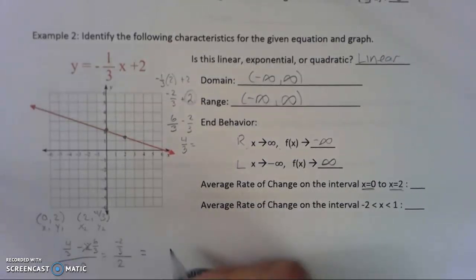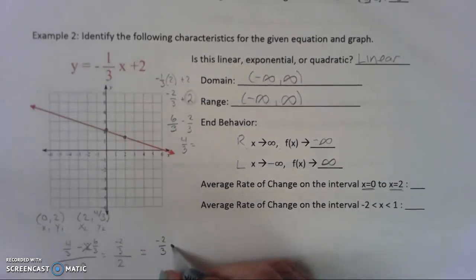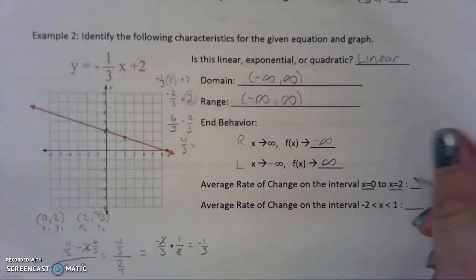I know I'm going through a lot of algebra here. It's okay, just use your calculator. I'm just not using one on this. So negative 2/3. We're keeping the fraction. We're going to change division to multiplication, and we're going to flip this bottom to be 1/2. We'll notice those 2's cancel, giving us a negative 1/3.